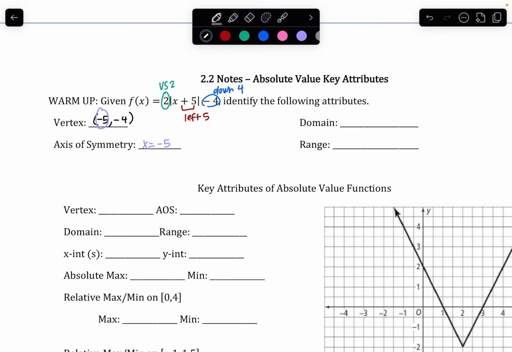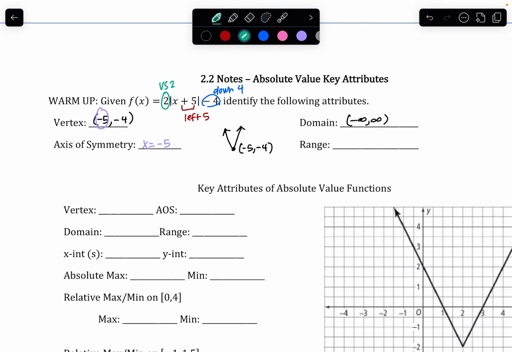The domain of an absolute value function is all real numbers all the time because it is a V. No matter what you do to it, it's going forever to the left, forever to the right. And then this function is opening up because there is no reflection. And so I know that the minimum is going to be at the vertex.